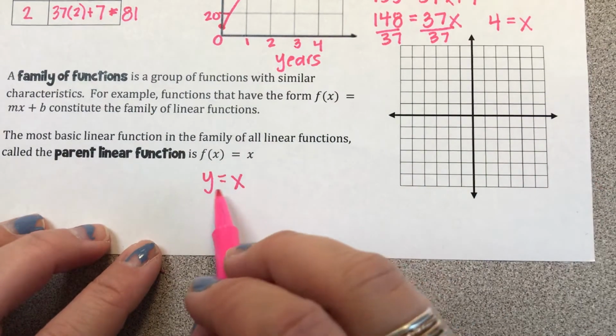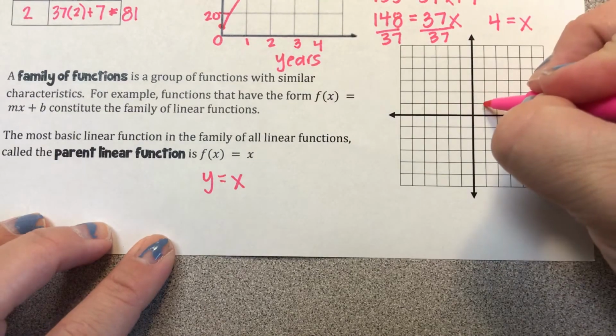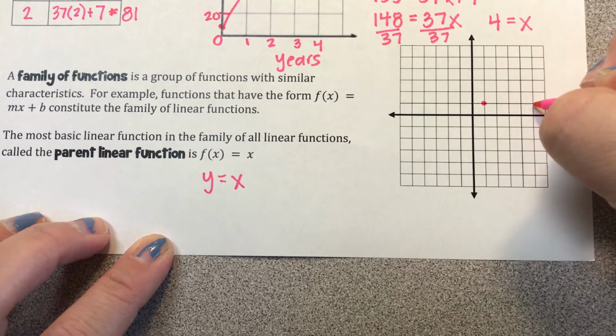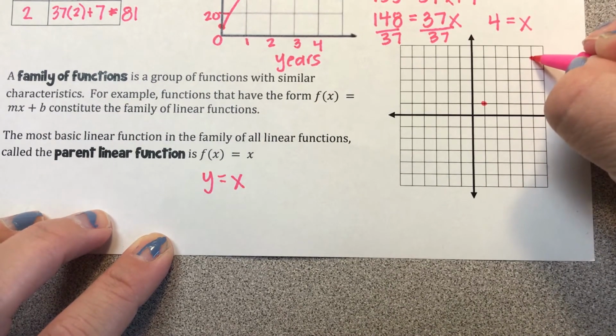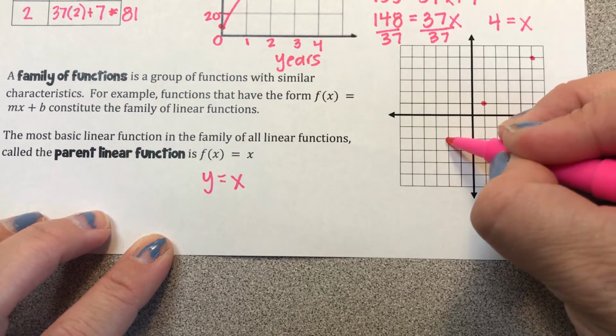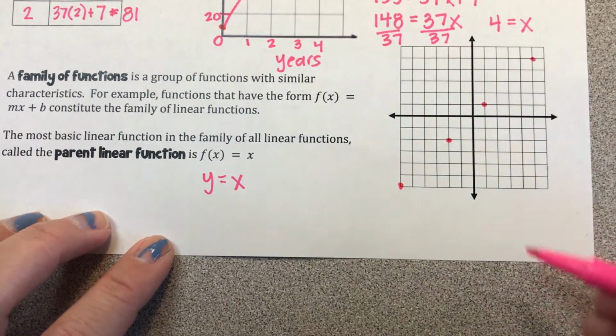Okay, so what if I put a 1 in for x? What's y? 1. What if I put a 5 in for x? I'm going to get a 5 out for y. What if I put a negative 2 in? I get a negative 2 for y. Negative 6, negative 6 for y.